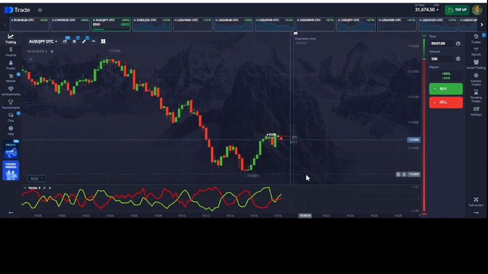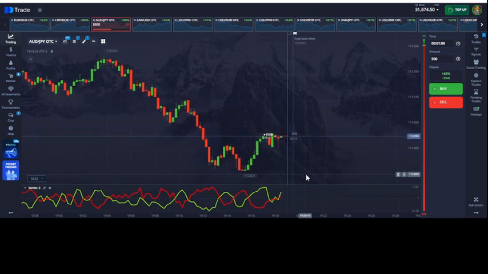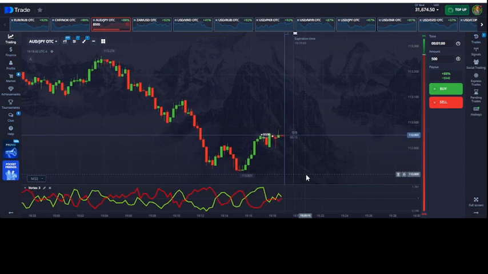So let's monitor this trade and wait for the expiration. Okay, so that trade was in the money.